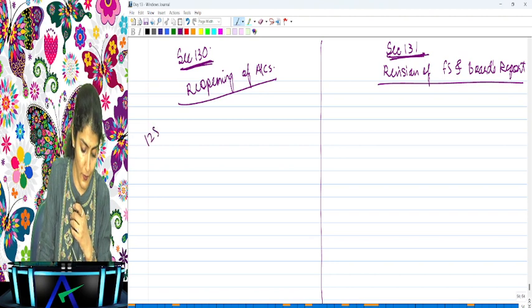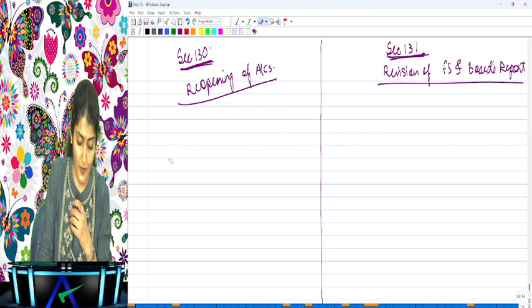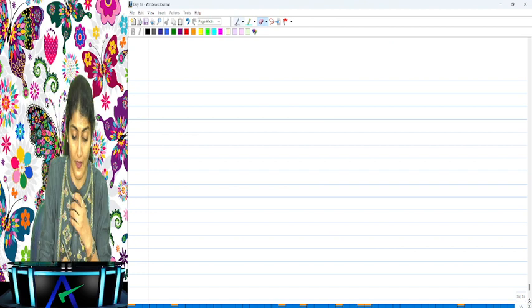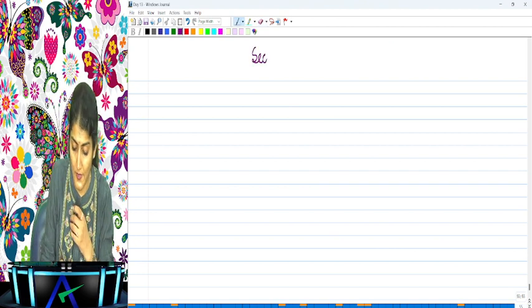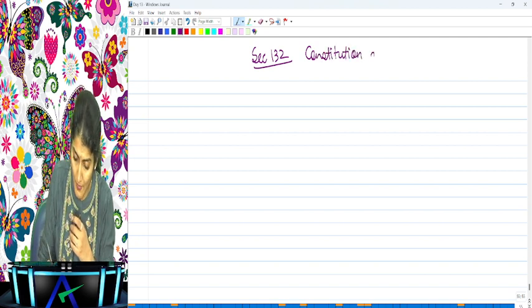Have we also done 128? Books of account. 129, financial statements. Now we've completed 130 and 131. Now coming to the next one over there, section 132, which is regarding the constitution of the NFRA, trending, right?